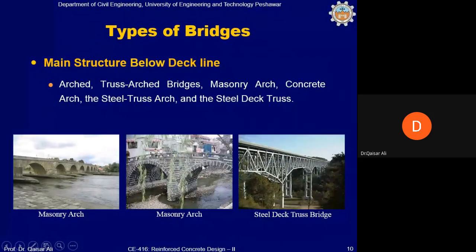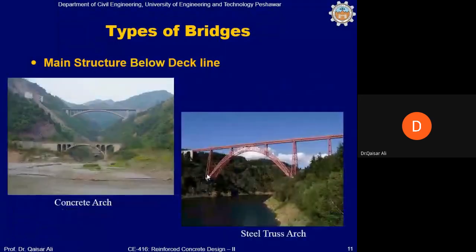So when the main structure is below the deck line, these are the truss arch bridges, and whatever trusses are available, whether they are of concrete, masonry, or any other system, or a combination of these, they will fall in this category. These are concrete arch bridges, and steel truss arch bridges also fall in this category of bridges.